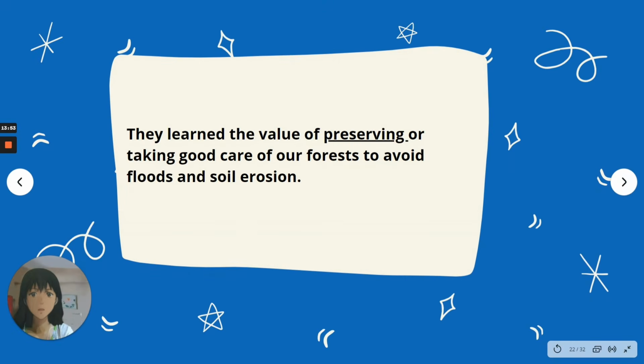And in this sentence, they learned the value of preserving or taking good care of our forests to avoid floods and soil erosion. What do you think preserving means? You're right. Taking good care of our forests, or it means to take good care of.